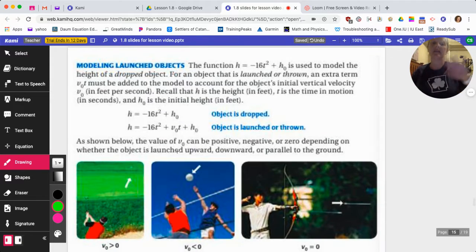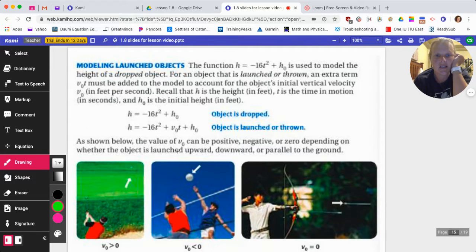All right, last thing. We still have one more lesson to learn in chapter 1, but this is the last part of lesson 8. Modeling launched objects. So the function h equals negative 16 t squared plus h sub 0 is used to model the height of a dropped object.